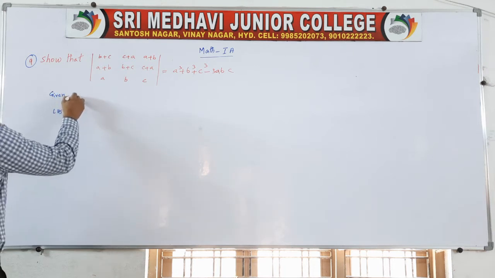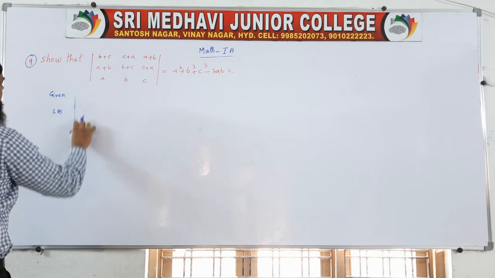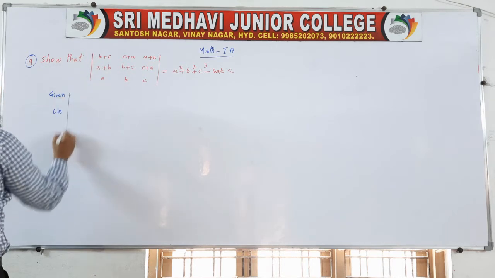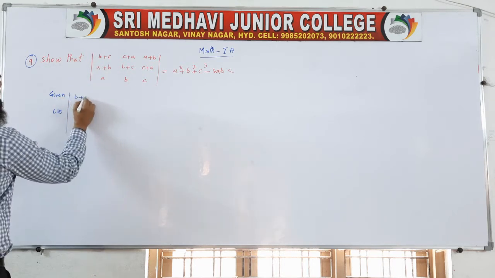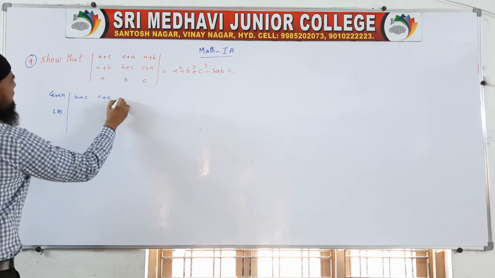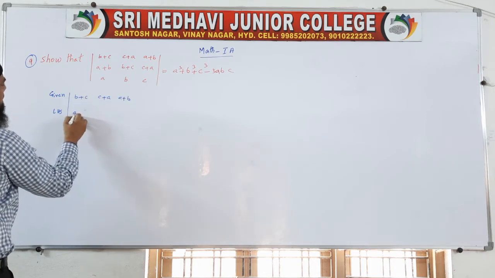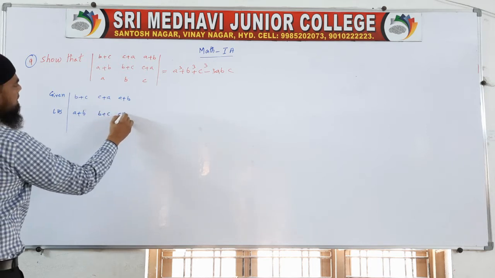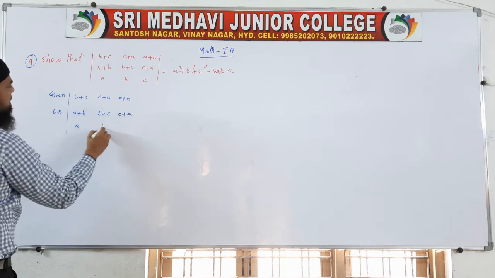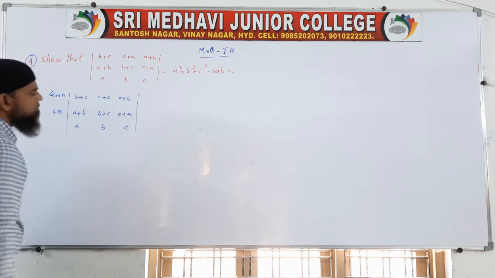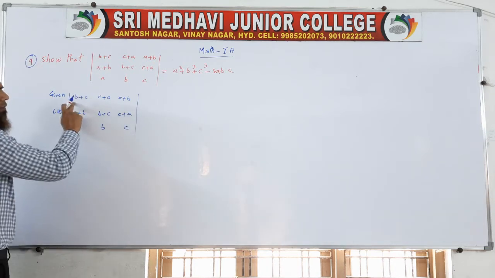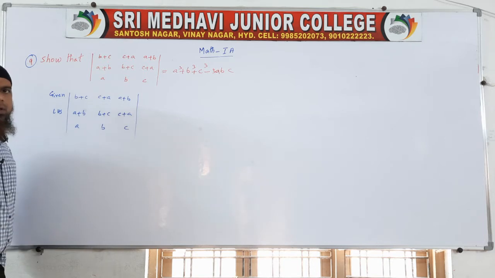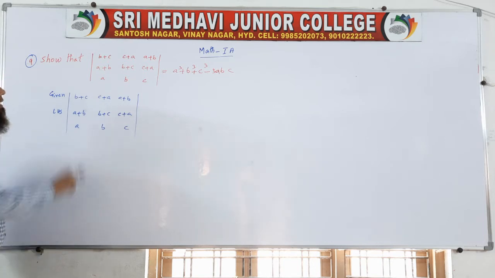Given, LHS I am writing. b plus c, c plus a, a plus b, then a plus b, b plus c, c plus a, then a, b, c. See, in the first row we are having sum of two numbers like b plus c.